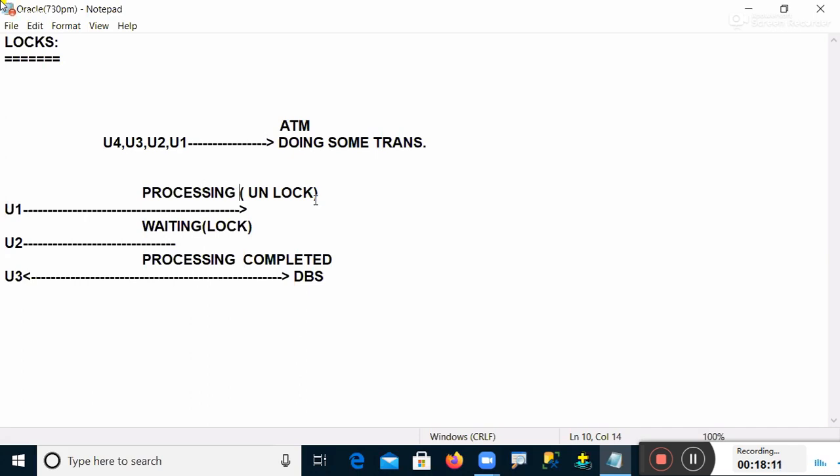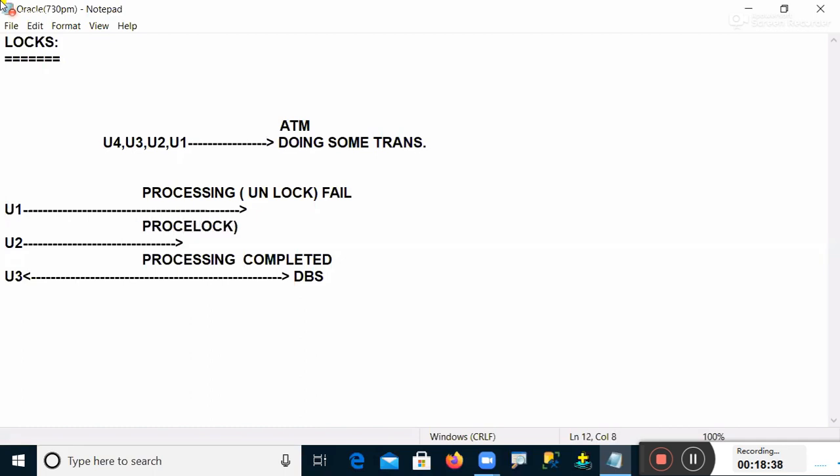Suppose now user 1's processing is successfully completed, or his request has failed. Then your database server gives the option to the next user. The next is user number 2, who is waiting. Then whatever lock user number 2 had will be unlocked, and unlocked means he is not in waiting position, he is under processing.